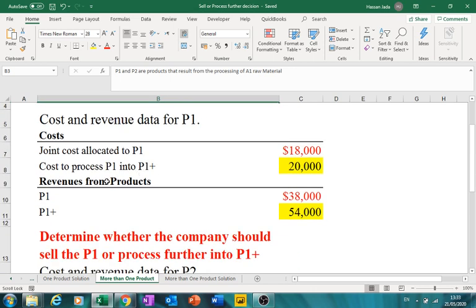Revenues from the products, we have revenue here $38,000 from P1, and if we process further and it becomes P1 plus, we have $54,000 of revenue from P1 plus.